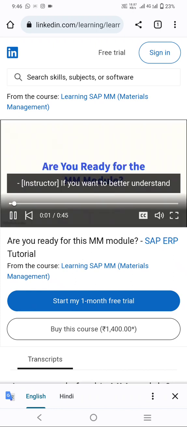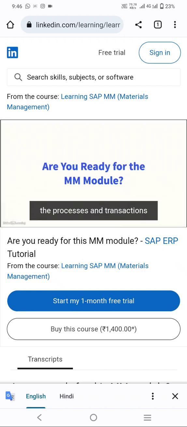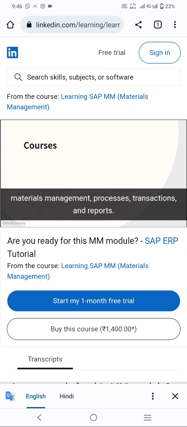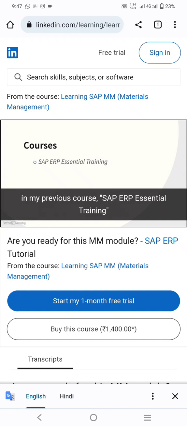If you want to better understand the processes and transactions in the SAP Materials Management module, this course is for you. Because we'll look at materials management processes, transactions, and reports, it's important to understand the fundamentals covered in my previous course, SAP ERP Essential Training.